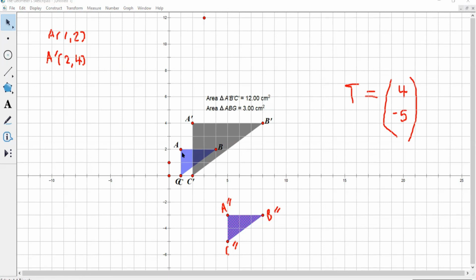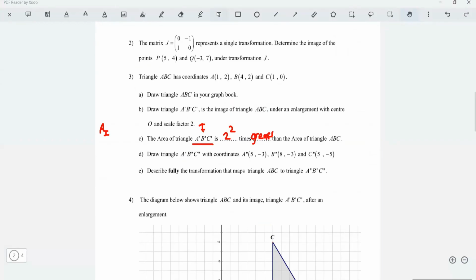So go ahead and tell them that these two triangles, ABC, is mapped to A double prime, B double prime, C double prime by a translation with translation vector.